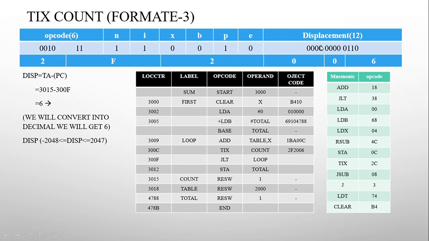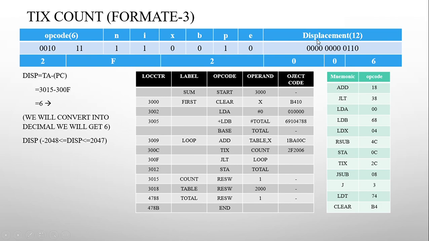Next, this instruction is neither immediate nor indirect, and it is not indexed, therefore we set x to 0. It is not format 4, therefore we set e to 0. Next we need to find out whether it is base relative or program counter relative.